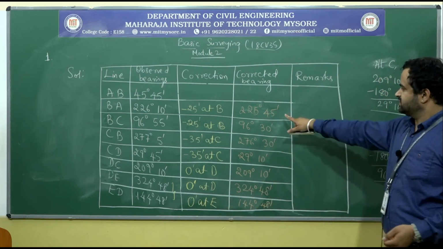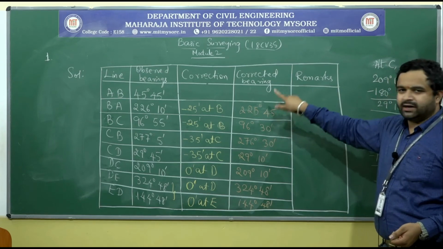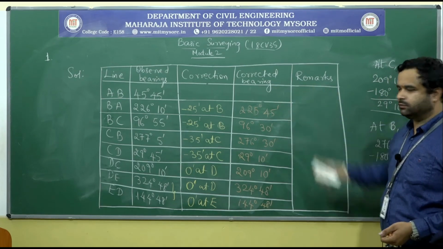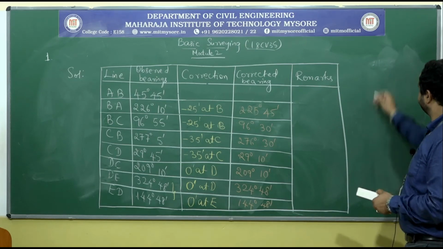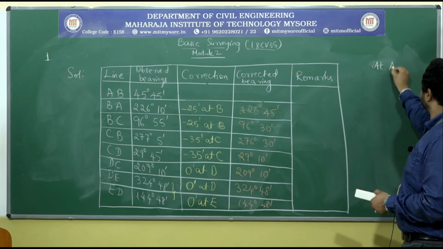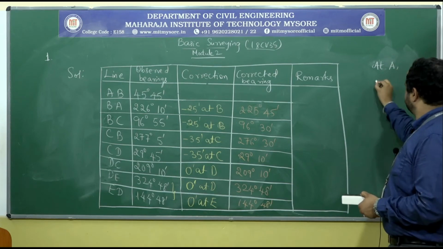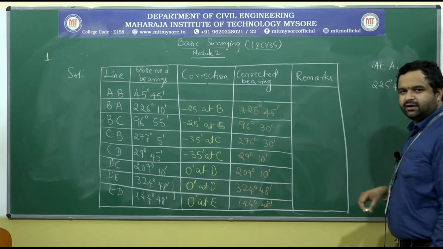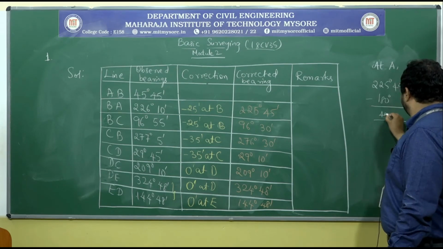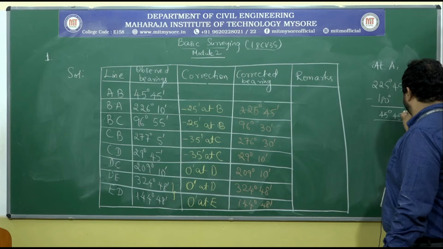Now, let us take difference between this bearing and 180 degrees to obtain its fore bearing. At A, that is 225 degrees 45 minutes is the corrected back bearing of the line BA. You will get 45 degrees and 45 minutes.